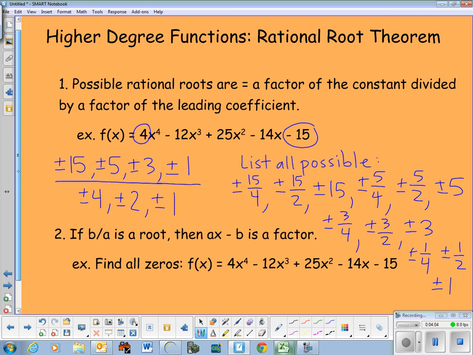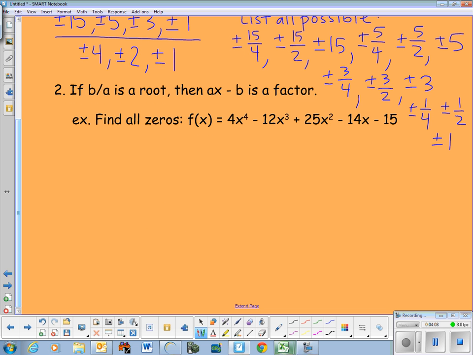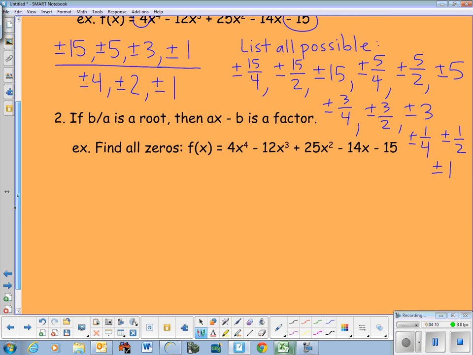Before we start dividing out, you need to learn this next rule. That factor theorem in the last video that said if 2 is a root, x minus 2 is a factor, sadly that does not work for all rational roots, okay? Before we start finding specific ones, here's the rule. If b over a is a root, then ax minus b is a factor.